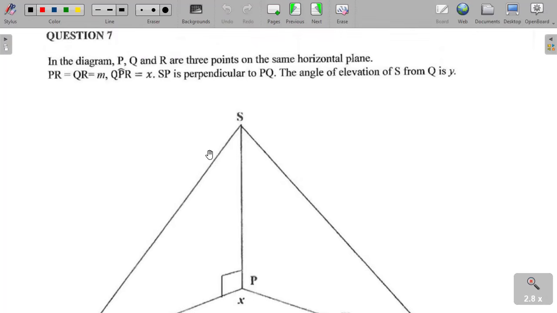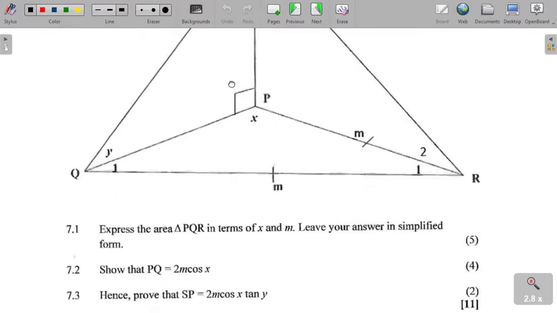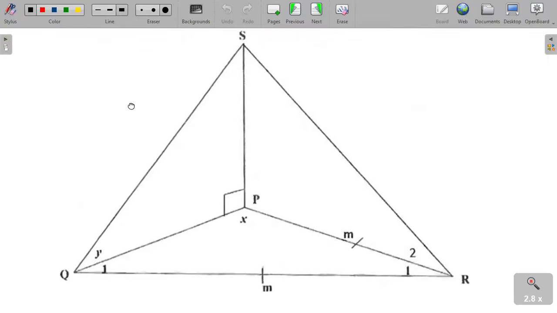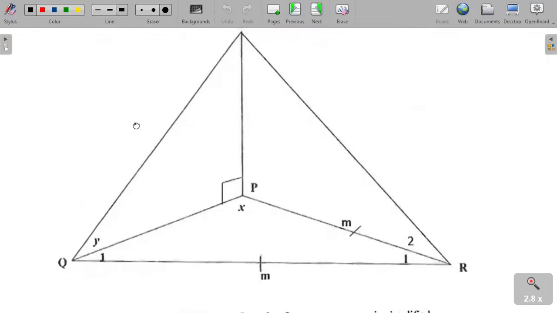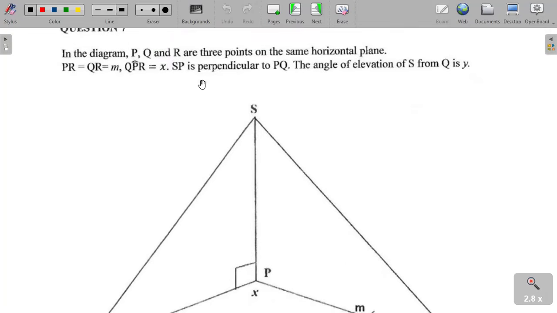So question 7 here we have 3-dimensional shapes. They say in the diagram, P, Q, and R are 3 points on the same horizontal plane. PR equals QR equals M. Angle QPR equals X. SP is perpendicular to PQ.